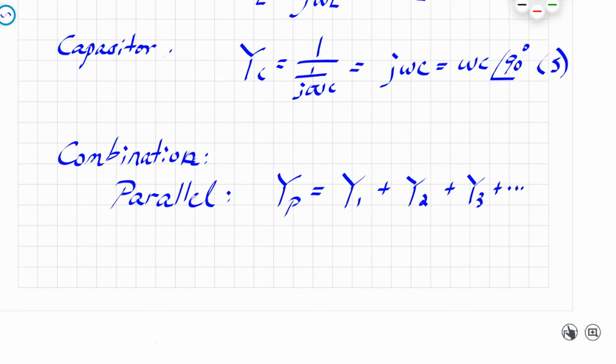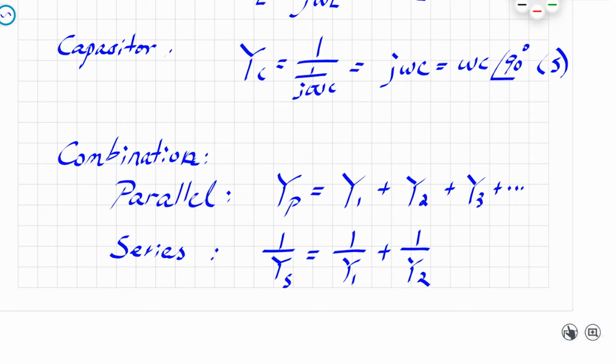Now for series connection, we probably see it already, that Z, which is 1 over Y, is equal to Z1 plus Z2, and that will be 1 over Y1 plus 1 over Y2, and if we have more, we just keep adding the same thing here.